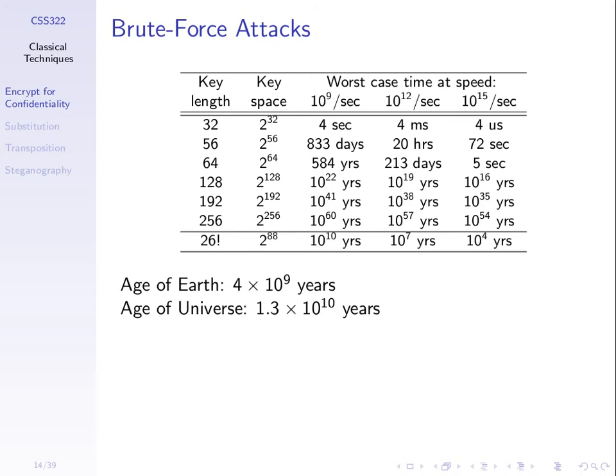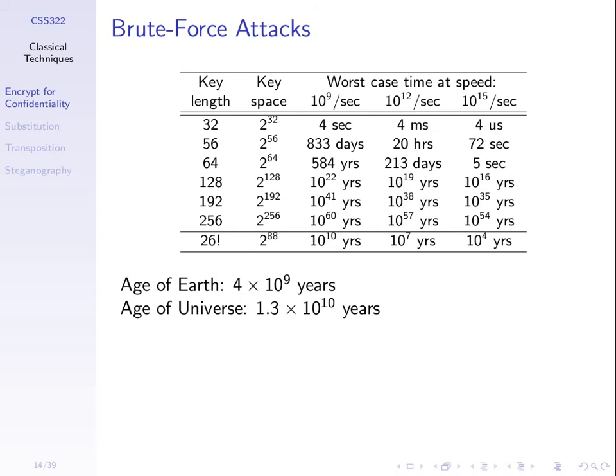I've just approximated these values. So a brute force attack on a cipher that has a 32-bit key with a computer of this speed of 10 to the power of 9 operations per second, the worst case time to try all possible keys is 4 seconds. If we had a faster computer, up to 10 to the power of 15 operations per second, which is 1,000,000 times faster than this one, 4 microseconds. Okay, trivial.